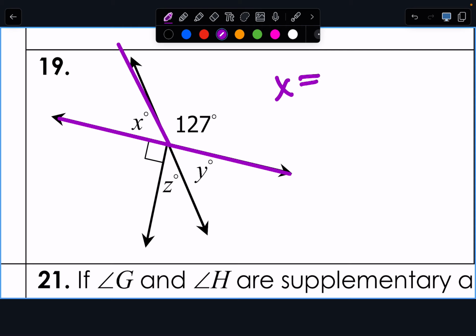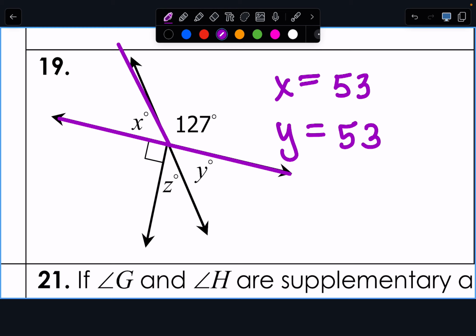So, what's X? 53. What's Y? Ooh, Connor, you are quick on that. What kind of angles are X and Y? They are vertical angles. Very good.